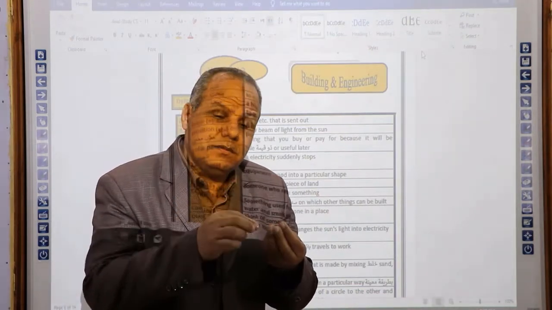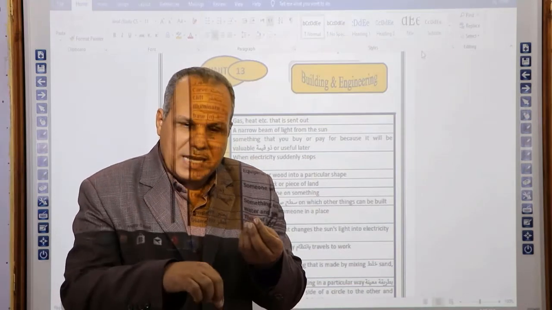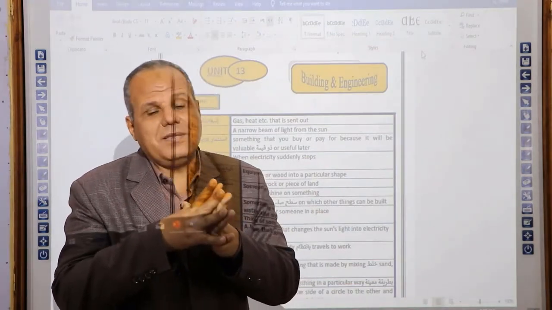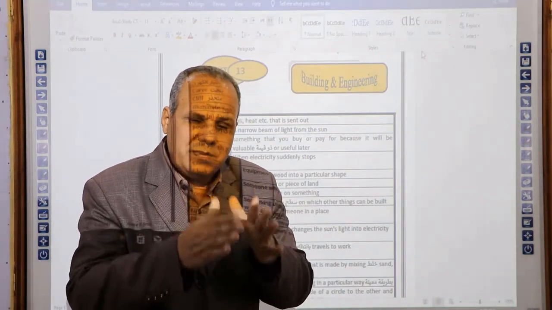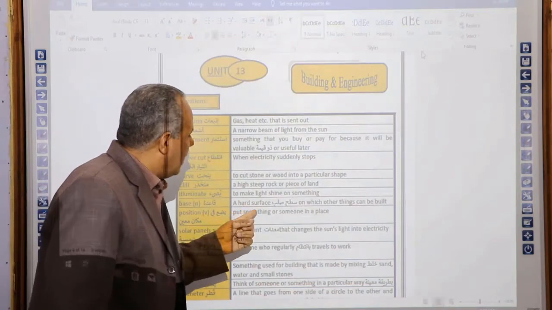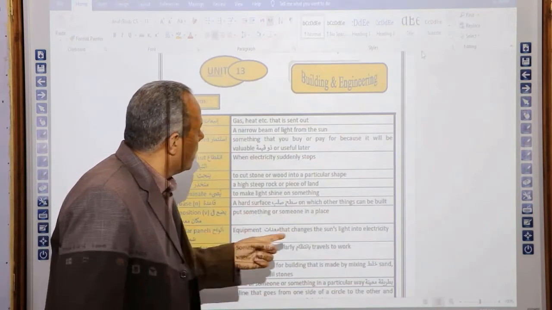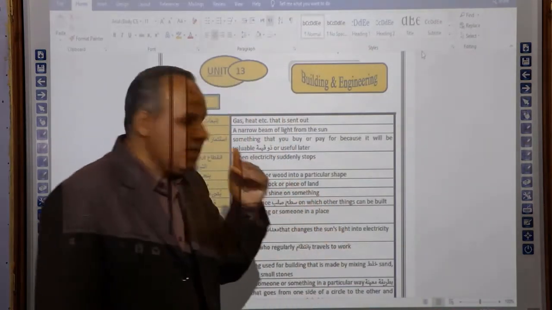But based on that means in Arabic قائم على أو مؤسس على. The statue التمثال is based on wood يعني قائم أو مؤسس على الخشب. A hard surface on which other things can be built.